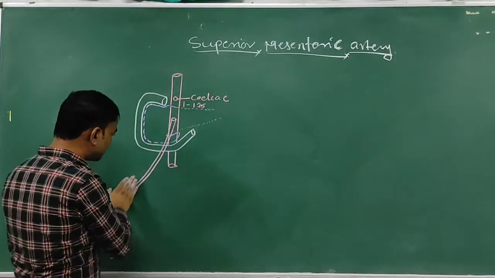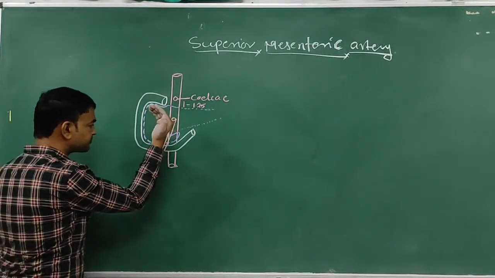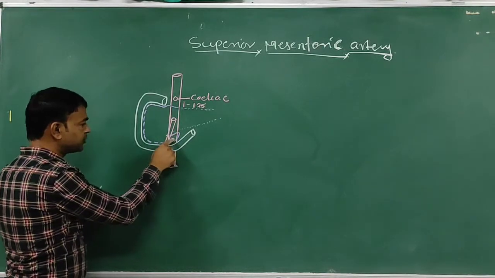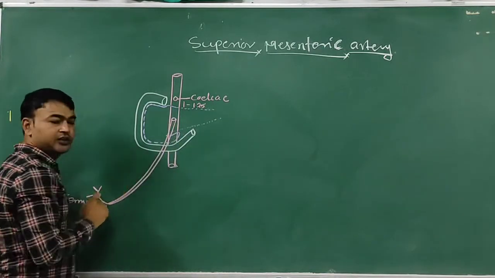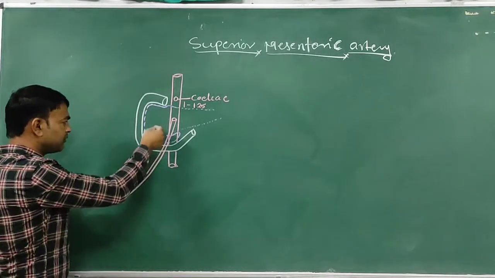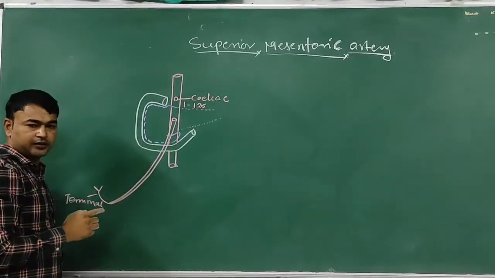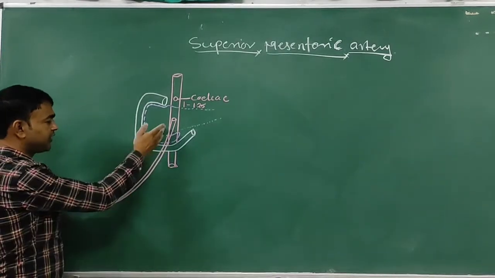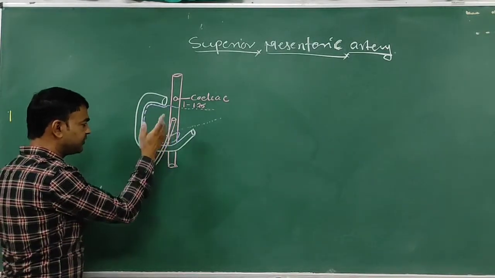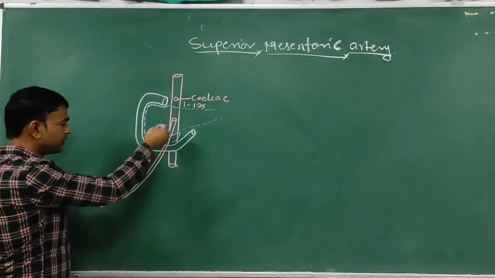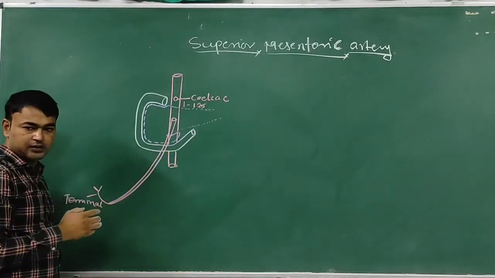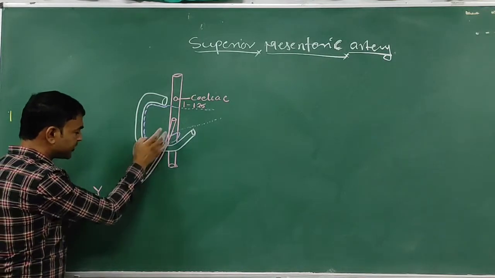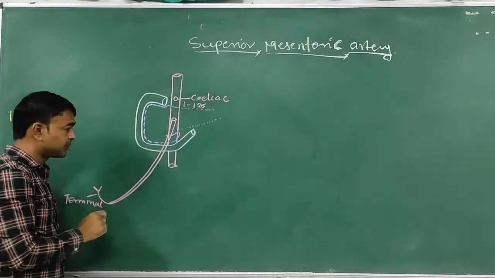The posterior relations going downward are the uncinate process, left renal vein, right ureter, and right psoas major muscle. These are the relations of the superior mesenteric artery.